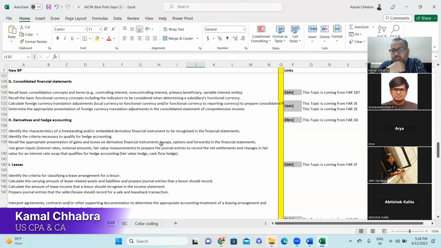In your graduation, I'm sure you might have studied consolidated financial statements. Have you guys studied this topic in your graduation? Yes. So in consolidation of financial statements, you might be seeing there are 2 or 3 or 4 companies for which you are consolidating the financial statements and making one consolidated financial statement.